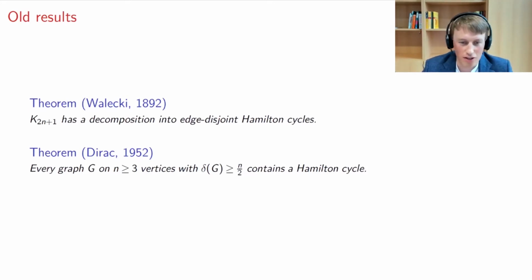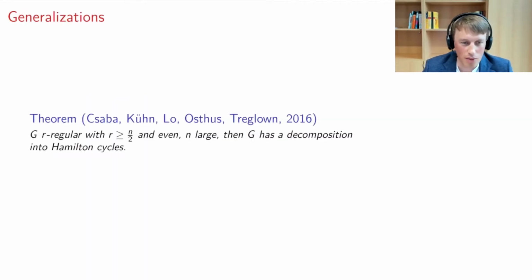In some sense, we developed much further from then on. One direction is, for example, the result of Csaba, Kühn, Lo, Osthus, and Treglown, who said, let's say we want to have a Hamilton decomposition, a decomposition into Hamilton cycles. What do we need?